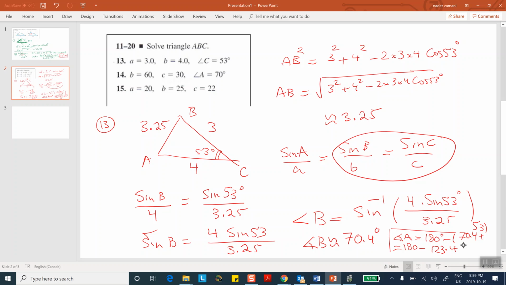So angle A is equal to 56.6 degrees. Okay, I'm going to stop here and do the other ones in a different segment.